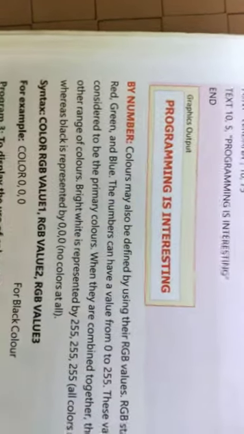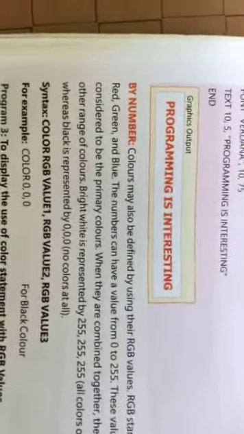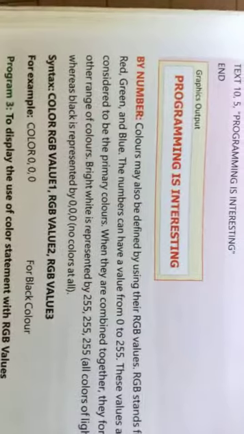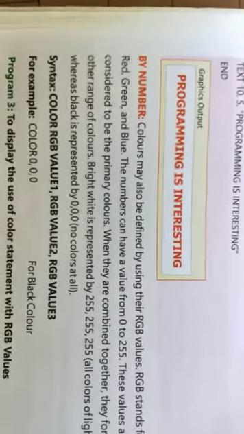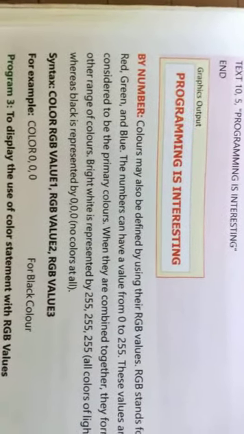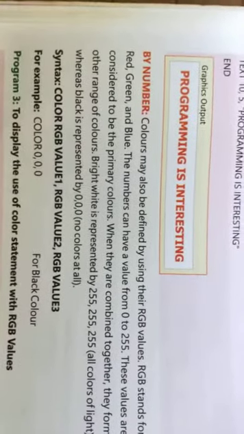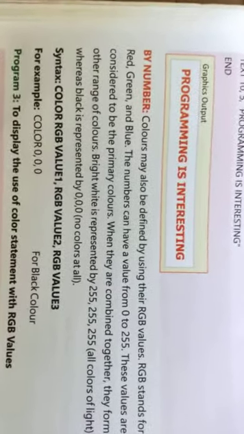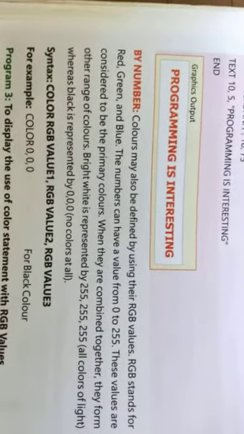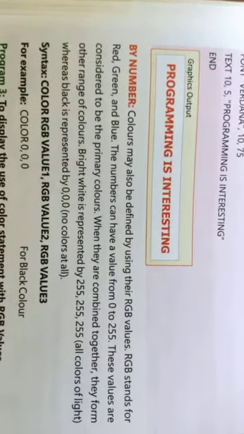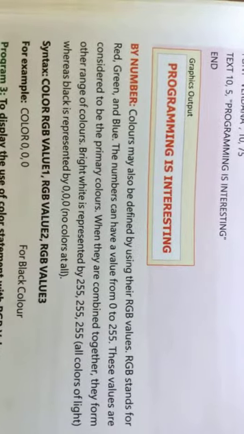Now the second method is how to give the color by the code or by the number. Every color has a different numbering, between 0 to 255. All the colors are made up of these three basic colors, that is red, blue and green.